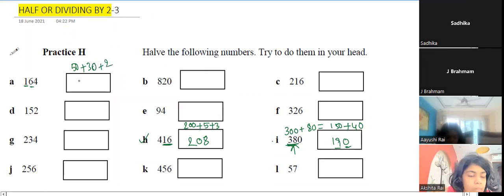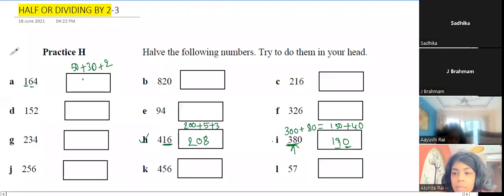So 50, 30 and 2. The answer is 50 plus 30, 80, plus 2, 82.